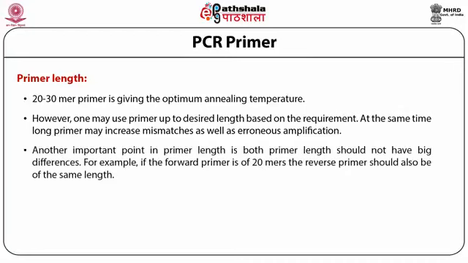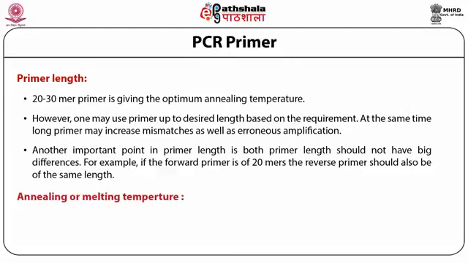Another point is that the length of the forward primer and the reverse primer should not be much varied, which means if a forward primer is 15 mer and the reverse primer is 30 mer, this may cause a problem during the amplification procedure. That is why it is always recommended that the length of primer in the forward direction as well as in the reverse direction should be more or less equal in number of nucleotides.